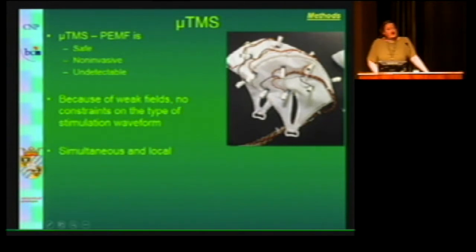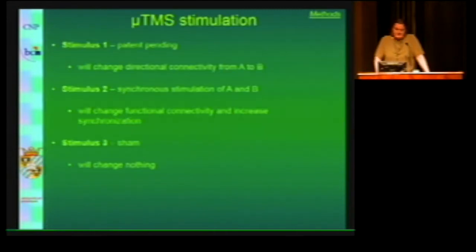In this case there are, I think, 19 magnets, but in our case we use only 2 magnets to specifically stimulate 2 brain areas. We stimulated subjects with 3 different stimuli. Stimulus 1, unfortunately I cannot explain the details of because of the patent pending, but the idea is that this stimulus will change the direction of effective connectivity of the brain.